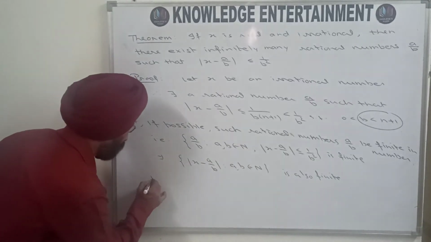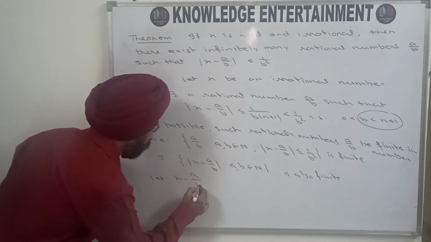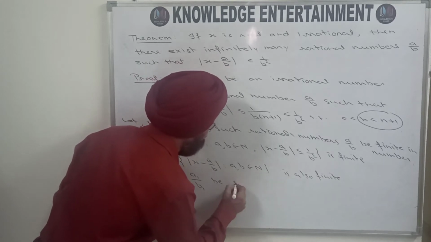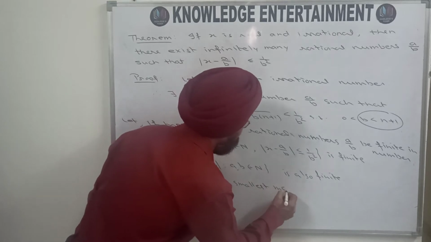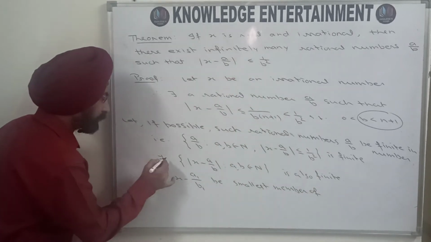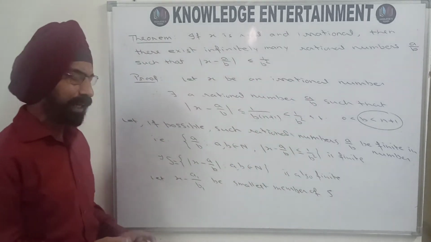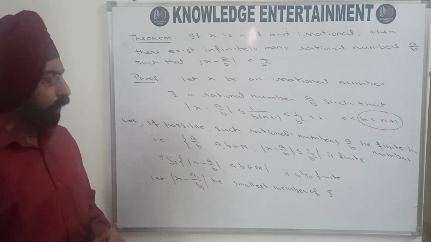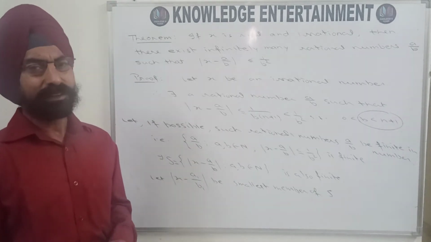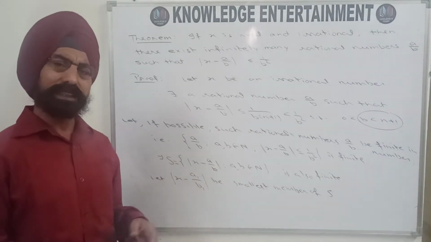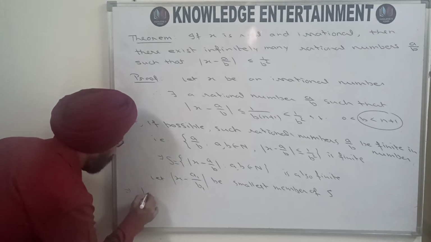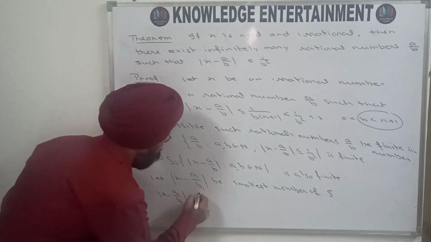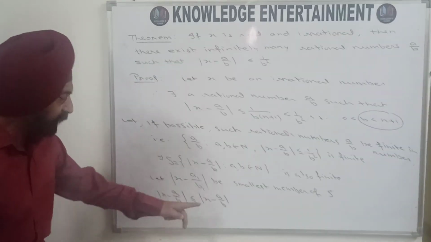So let mod of x minus a1 upon b1 be the smallest member of, name this set as S, the set S. This is the smallest member of S. If it is the smallest member of S, then it is less than or equal to the rest of the members of the set S. So this means mod x minus a1 upon b1 is less than or equal to mod of x minus a upon b for the rest of the numbers of the set.